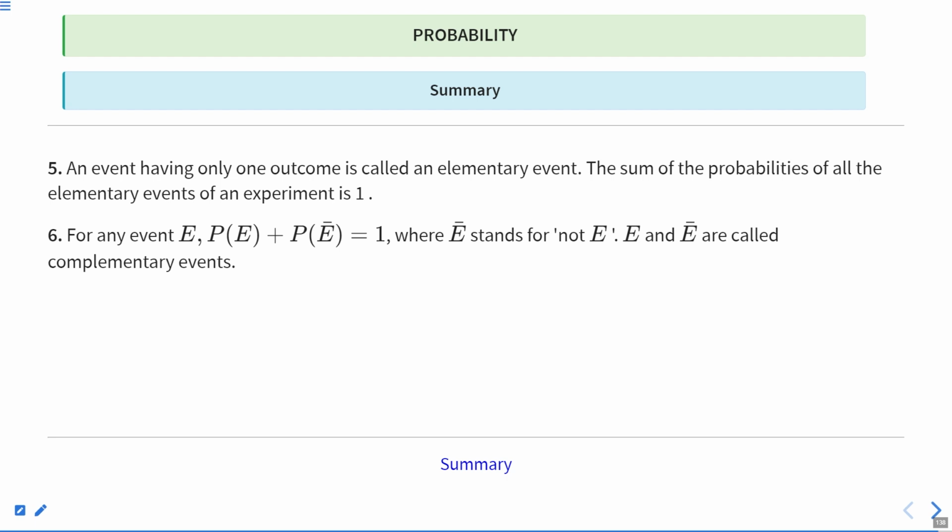And for any event E, probability of E plus probability of E bar is equal to 1, where E bar stands for not E, and E and E bar are called complementary events.